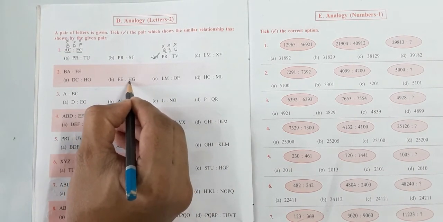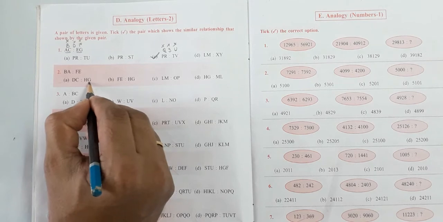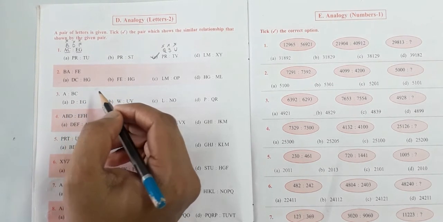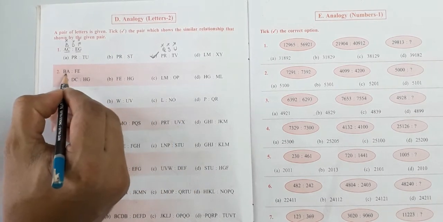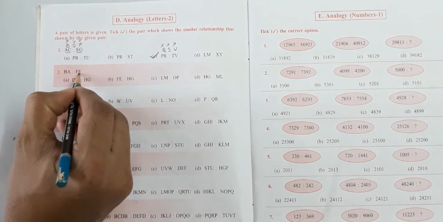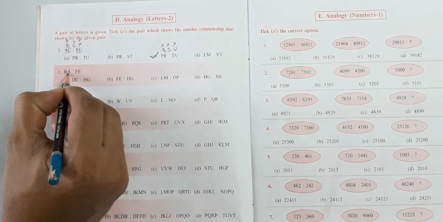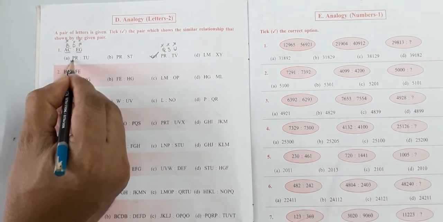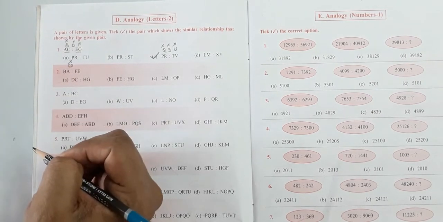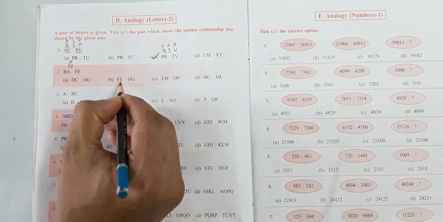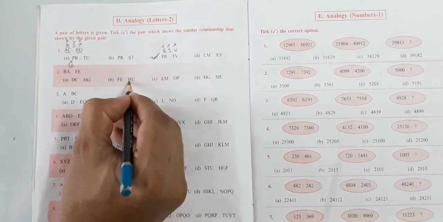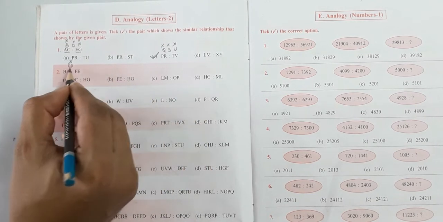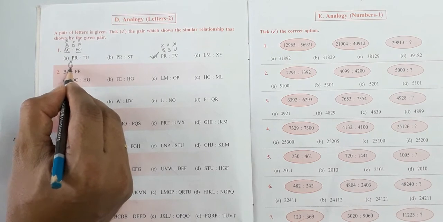E, F, G, H. So both are of the same type, carrying the reverse order pair of relationship. But we have to observe very carefully that AB reverse, EF reverse, whereas AB, if you observe, CD are missing, then comes EF. Here if you observe the option B, EF, GH, they are in continuous sequence, whereas we don't want that kind of sequence.